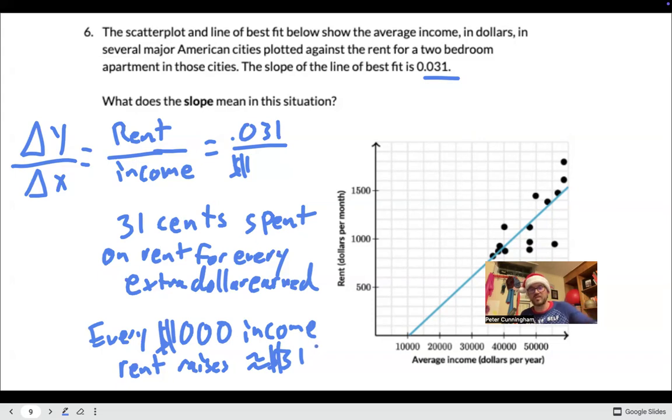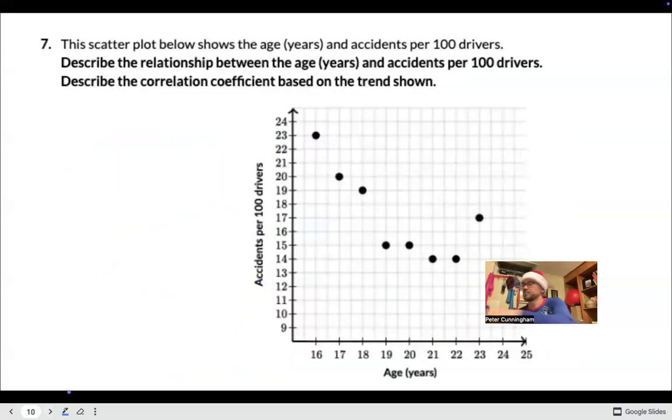Take that out again, and you say, okay, every $10,000 in income, you have another $300 spent in rent. It's basically saying as income goes up, you spend more on rent, and then you can just multiply it out. But this essentially is saying 3 cents in rent for every $1 in income. Okay, onward.